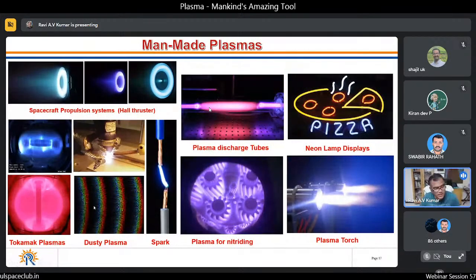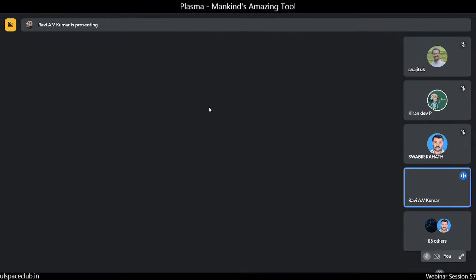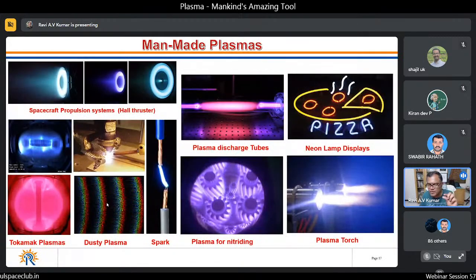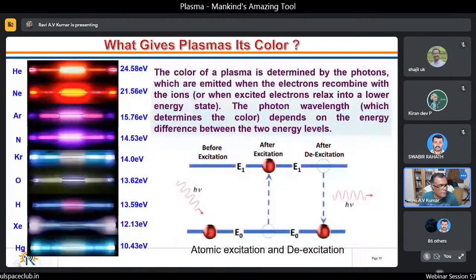And here, dusty plasma, as you see here, is again very important because that is the main plasma that is the reason for formation of stars or formation of planets or formation of rings. There's Saturn's rings. They're nothing but dusty plasma, having particles from millimeters to a few tens of centimeters in size. So dusty plasma is again an important aspect of plasma.